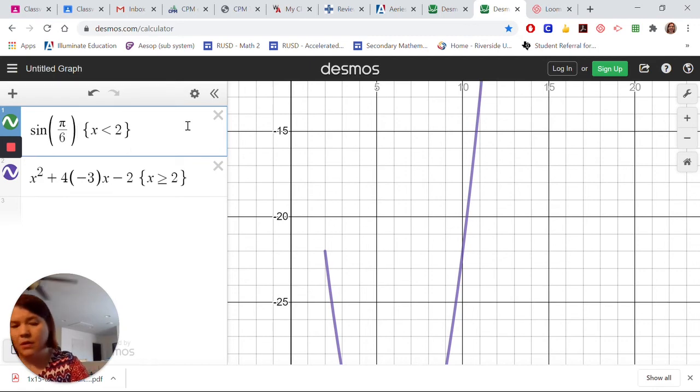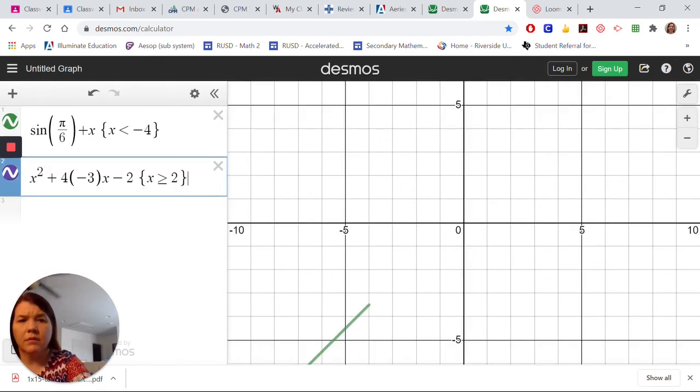That's kind of cool. Plus 4, plus x. x is less than negative 4. And the other one, x is greater than negative 4. And yeah, that's discontinuous.